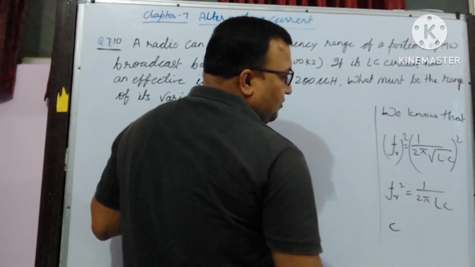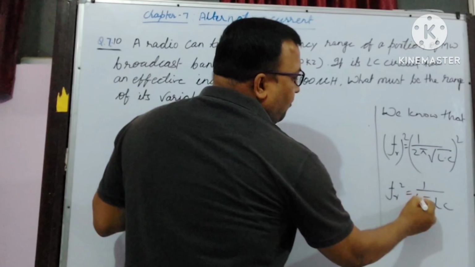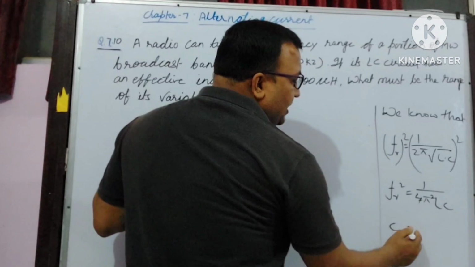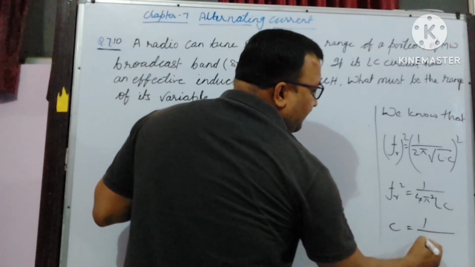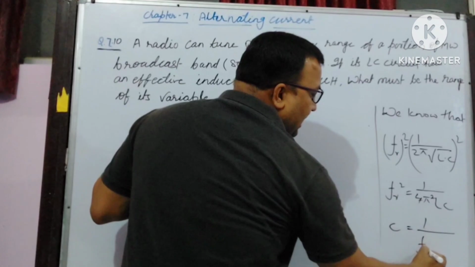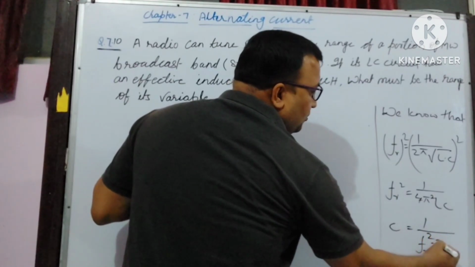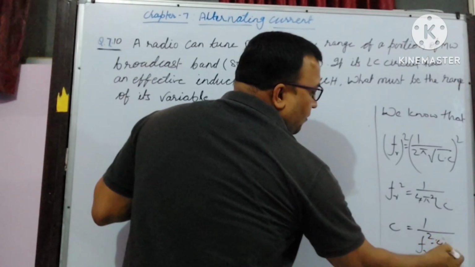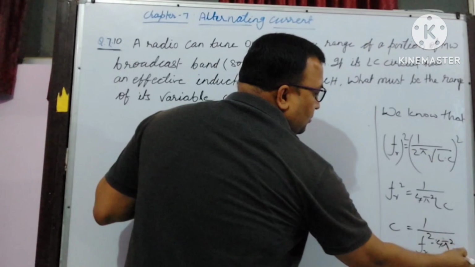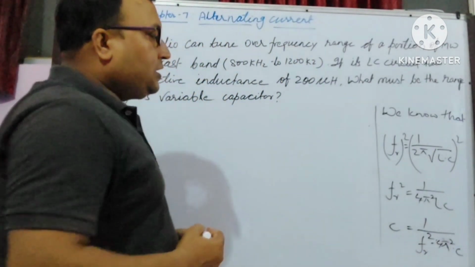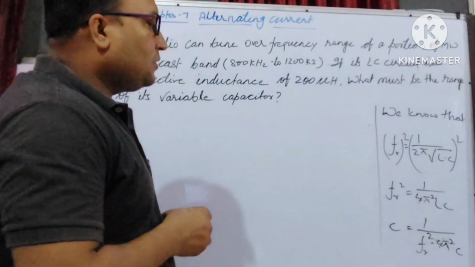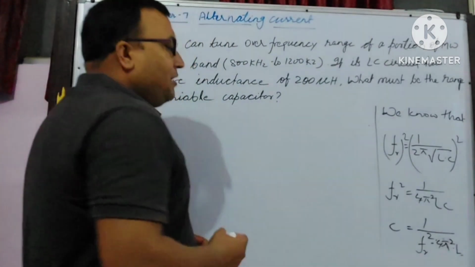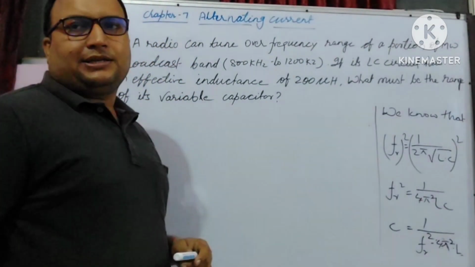Capacitor C equals 1 by Fr square into 4 pi square into L. Now if you put the value, you will get the result.